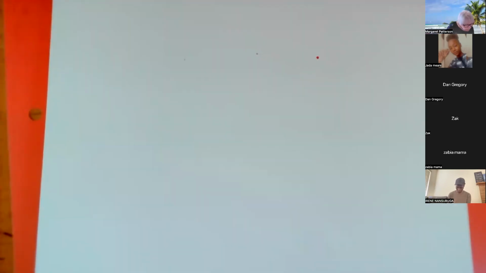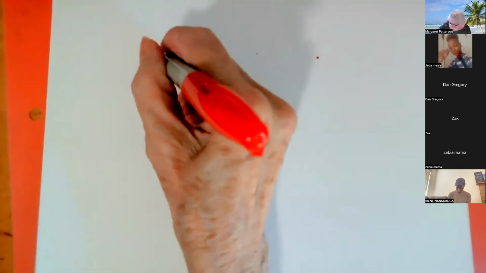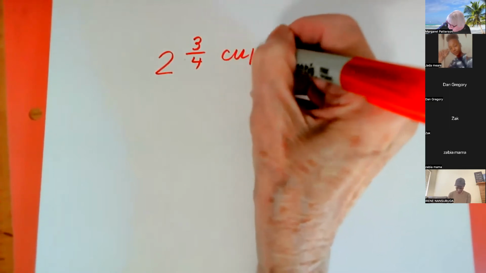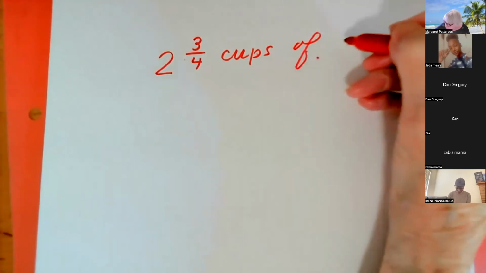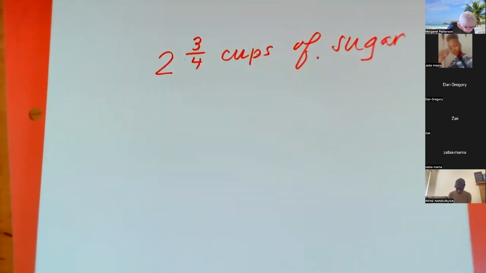Okay. We have a cooking problem. Let's see what we can do. A certain recipe needs 2 3/4 cups of sugar. That's the recipe. Okay.